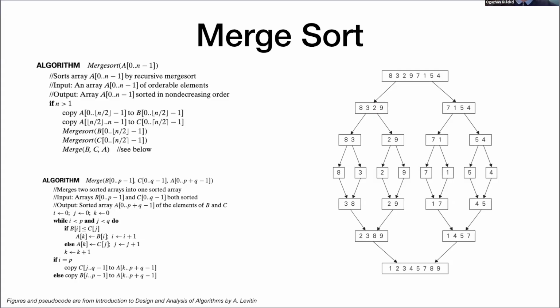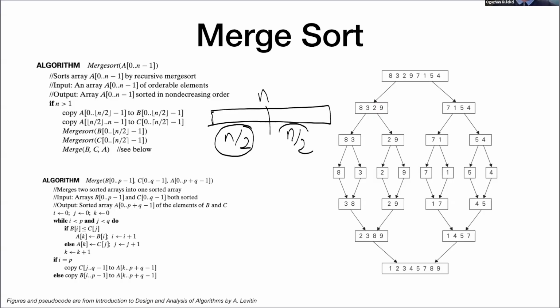So what is the main idea of merge sort? I have an array of n elements to sort. What I will do is divide this array into two partitions, n over 2 on the left, n over 2 on the right. Instead of sorting n elements, I will focus on sorting the left side and the right side.